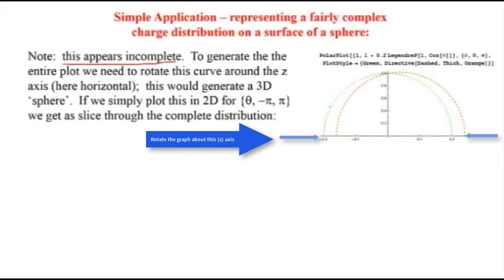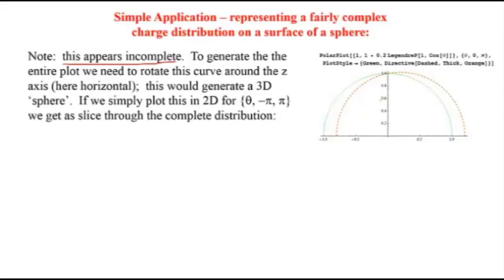And phi will go from 0 to 2 pi, which will take this distribution, go all the way around, and come back to where it was. It's equivalent to plotting the distribution that I have here in this plane if I just go theta equals minus pi to pi. And so then we'll get the slice of the distribution, the entire picture.